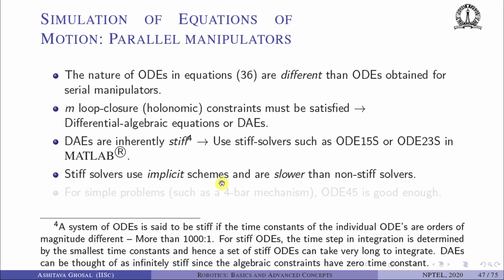They are not marching forward in time; they solve a set of equations at each time step, and are inherently slower than non-stiff solvers. However, for simple problems such as the 4-bar mechanism, ODE45 is good enough. So we can use ODE45 to solve for the 4-bar parallel mechanism.